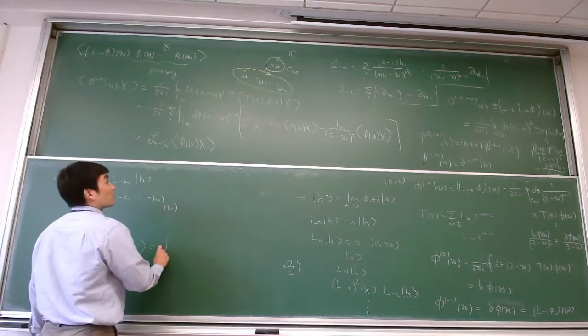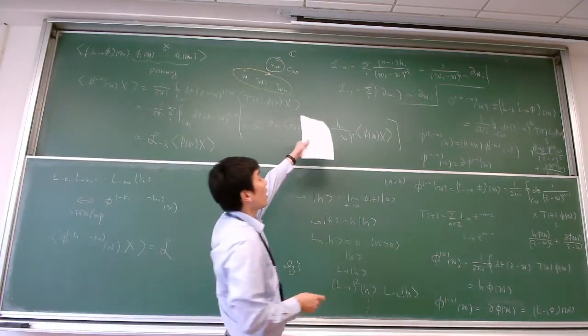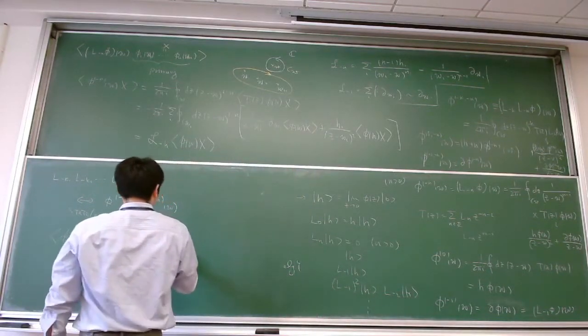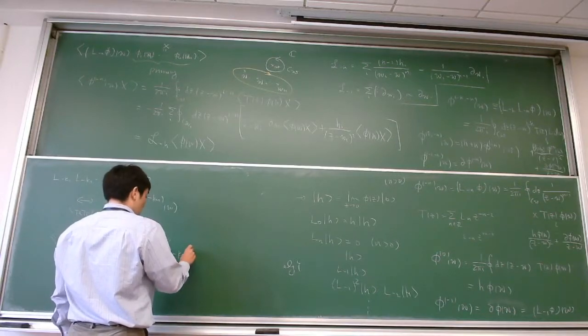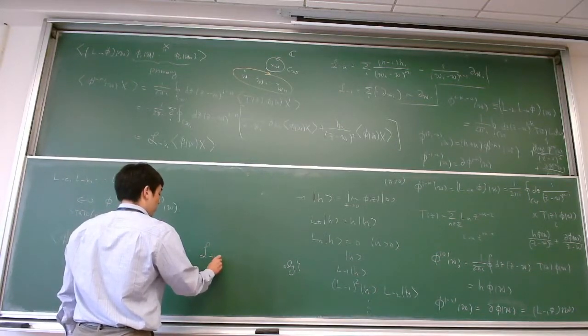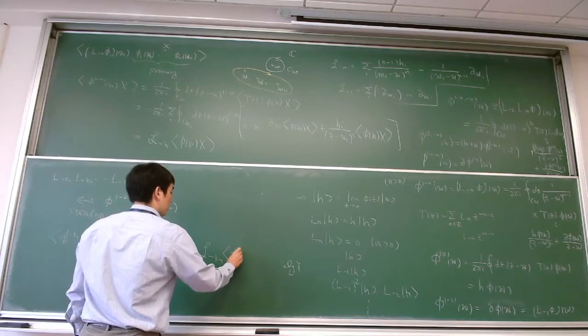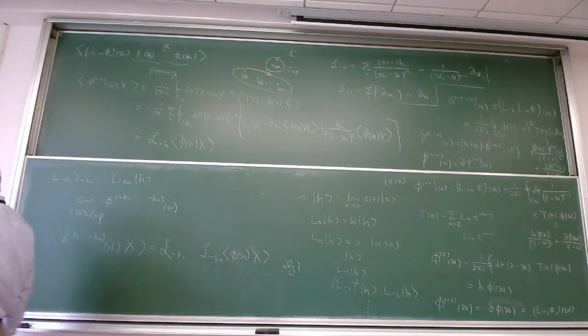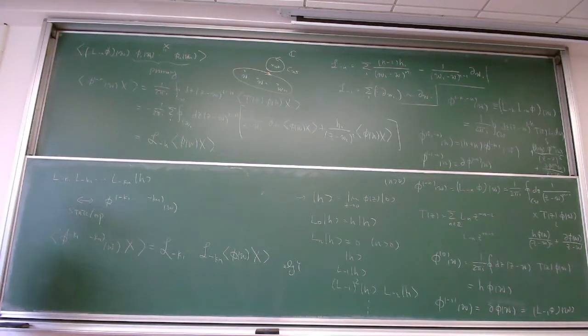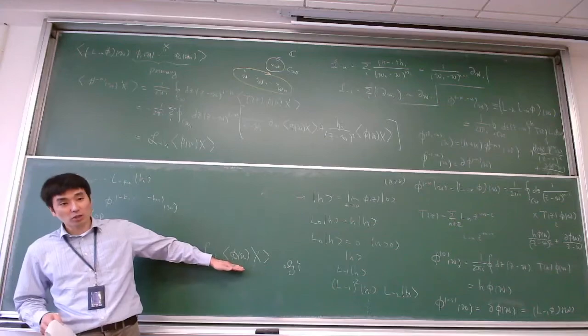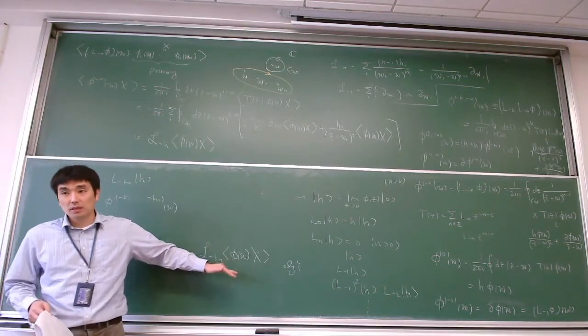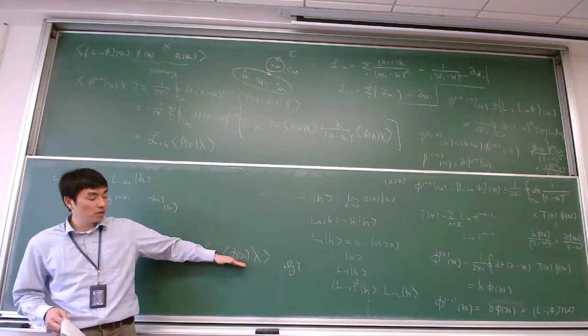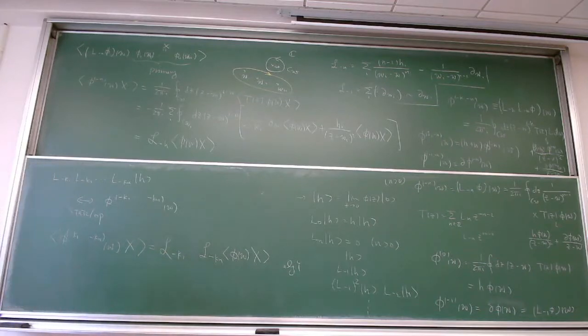Then you just add this operator L over there recursively. Therefore, everything comes from the correlation function of primary states, so you can determine every correlation function from the primary states.